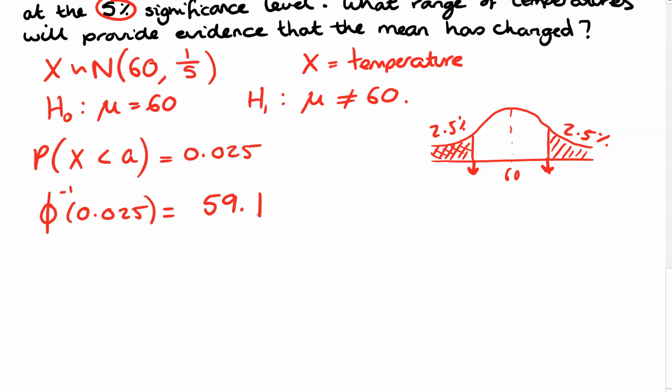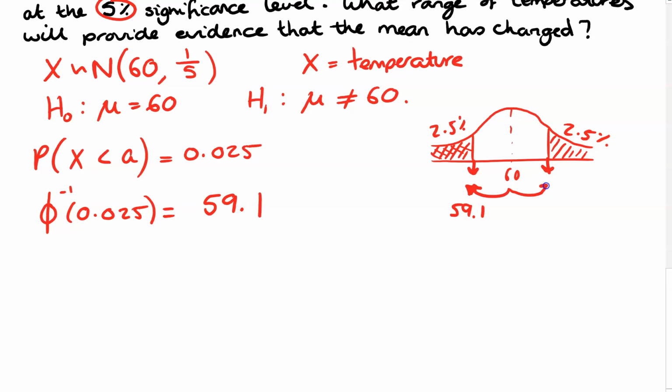Now you could do the top end and say that you're going to do the inverse normal of 97.5% and that will give you the top cutoff, but there's an easier way. These are symmetrical, so if this has gone down to 59.1 from 60, then you have taken off 0.9.